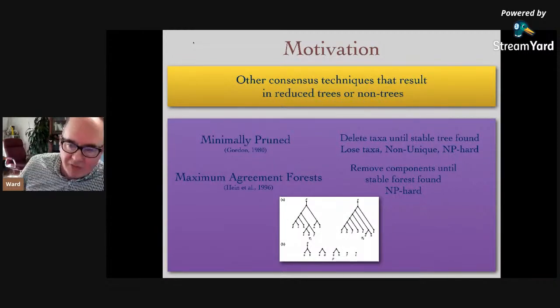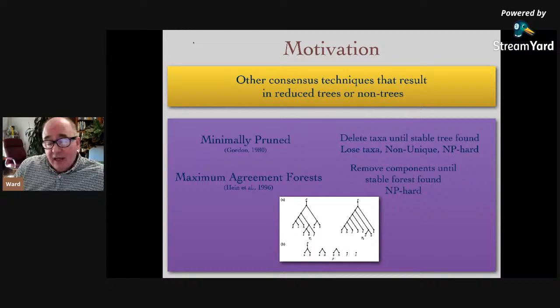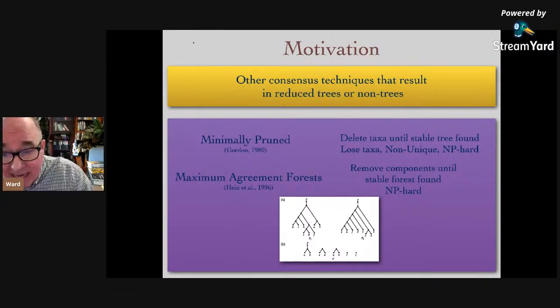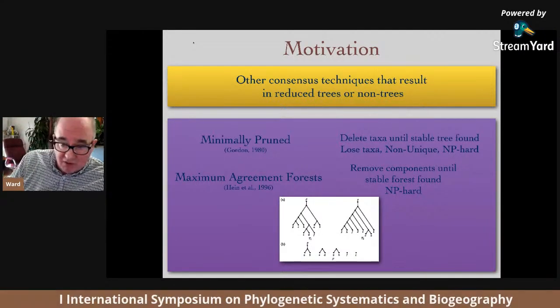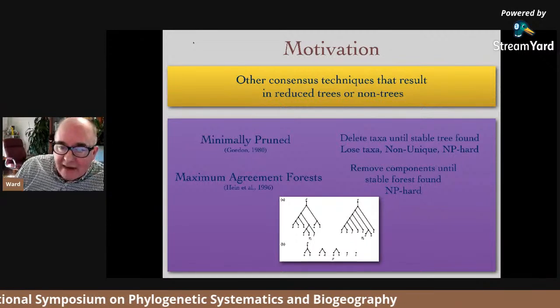If you could prune out that one taxon, you get a stable result, and that's very satisfying, especially if you're working with, say, paleontological data sets. The problem is that it's an NP-hard calculation, in the sense that it's potentially combinatorially explosive. Also, you may have different solutions. Pruning different taxa may get you to a stable solution, and they're not unique. And of course, you lose taxa as well.